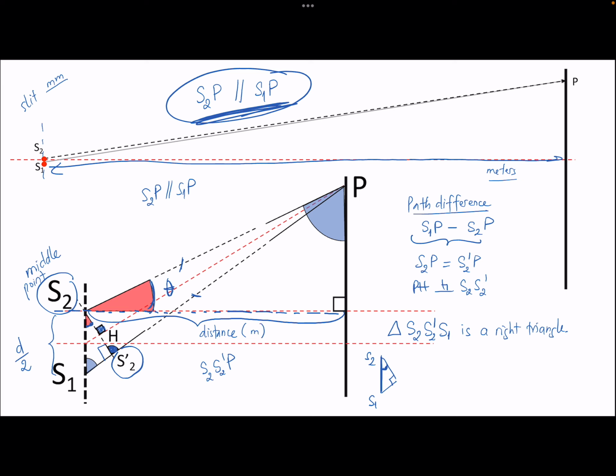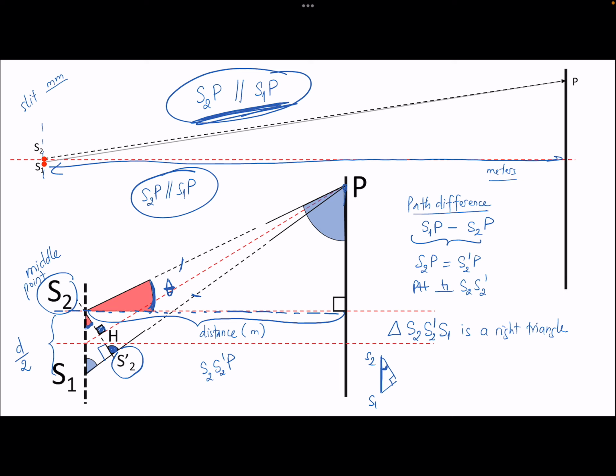And then the angle theta is defined between the line to point P and the perpendicular line from the middle point. See, this is how the angle theta is defined. And because of this property, this angle here is equal to that angle.